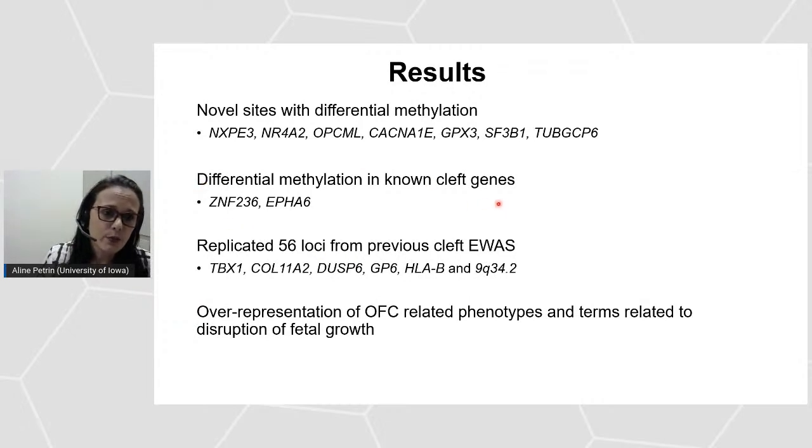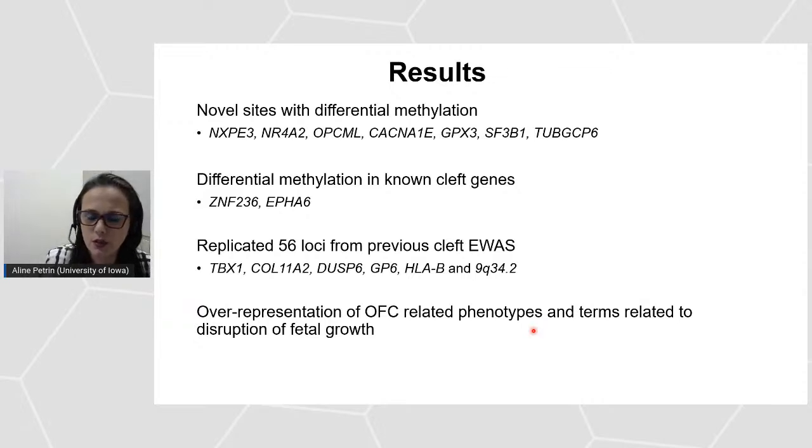We did find differential methylation in genes that we know are associated with clefting. We replicated loci from other cleft studies done previously to ours, and we found an overrepresentation of cleft related phenotypes when we ran a gene ontology analysis.